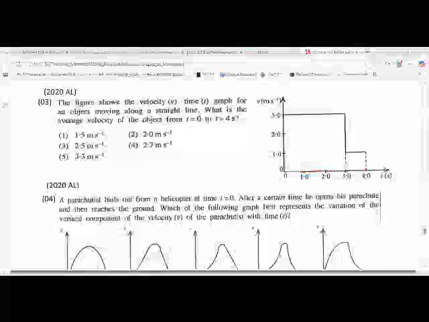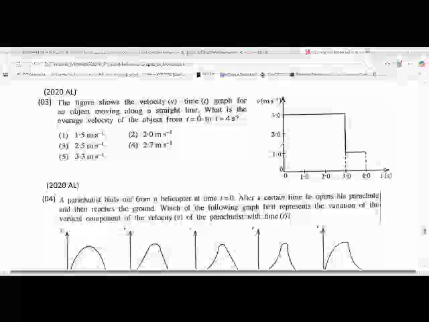If you want to find average velocity, first find the whole displacement, and next find the whole time. Then you can find it by dividing displacement by time.